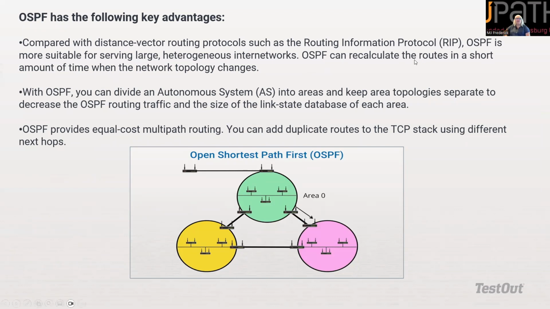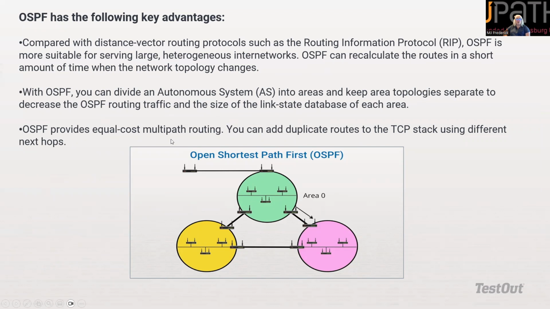And it can recalculate the routes in the shortest amount of time when the network topology changes. Also, you can divide an autonomous system into areas that keep area topology separate and decrease the OSPF routing traffic and the size of the link state database of each particular area.